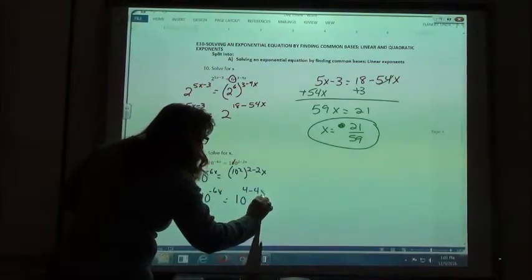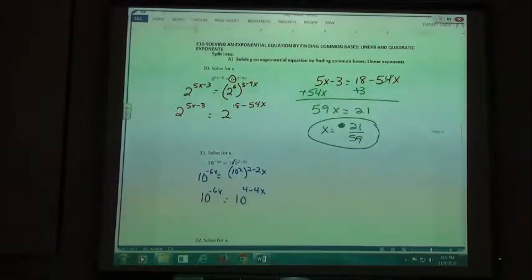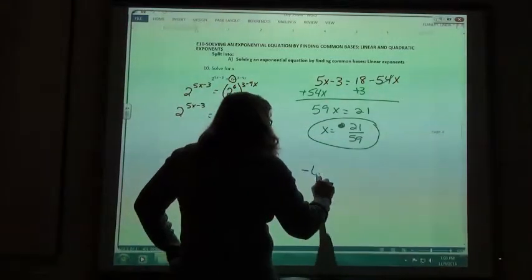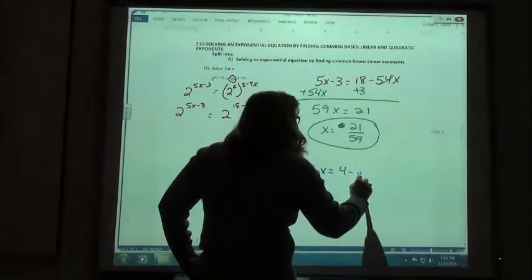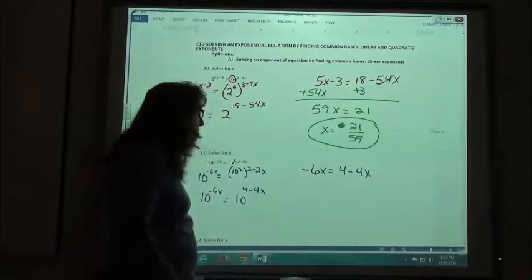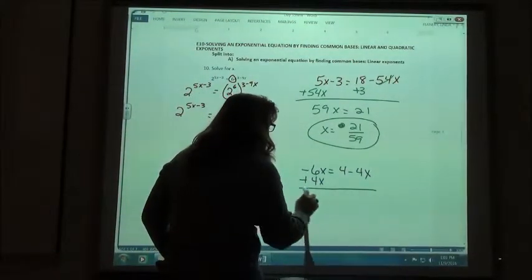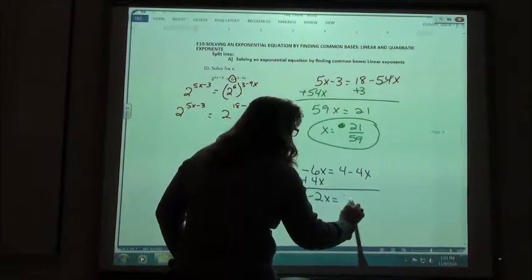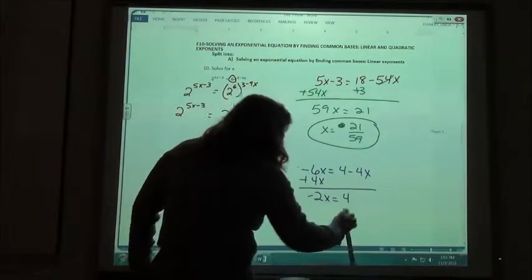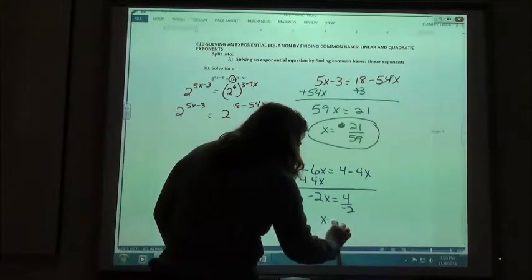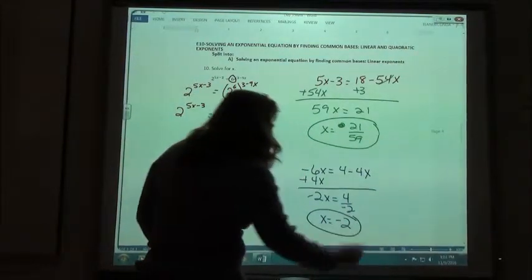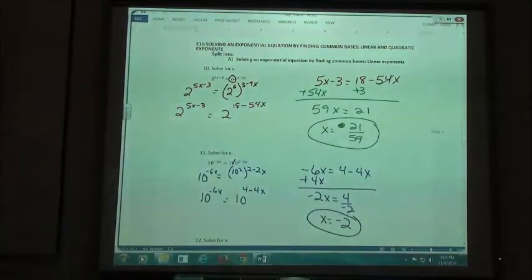So now you can just ignore that the 10 is even there because now they're the same, right? So, negative 6x equals 4 minus 4x. We are then going to add the 4, add the 4x, so negative 2x equals 4. Divide, and our answer is negative 2.